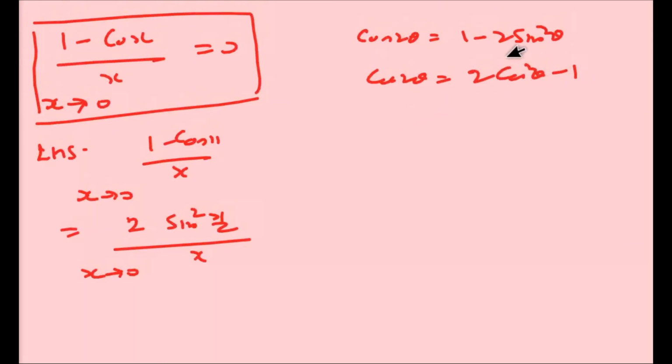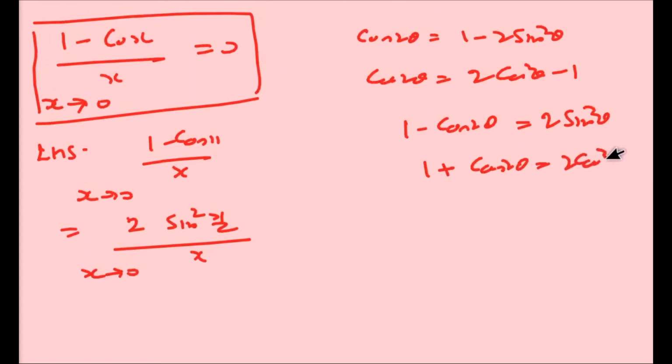These are the basic formulas, you have to learn them. 1 minus cos 2 theta equal to 2 sine square theta, and 1 plus cos 2 theta equal to 2 cos square theta. So here 1 minus cos x, we can write 2 sine square, 2 theta, theta, here is x, so x by 2. This formula I have used.